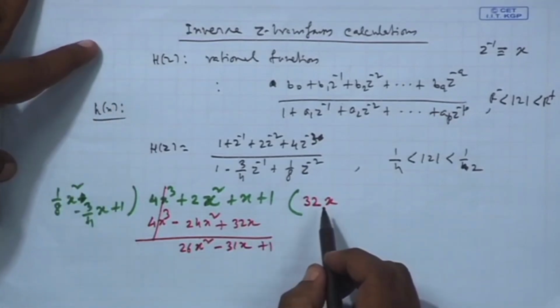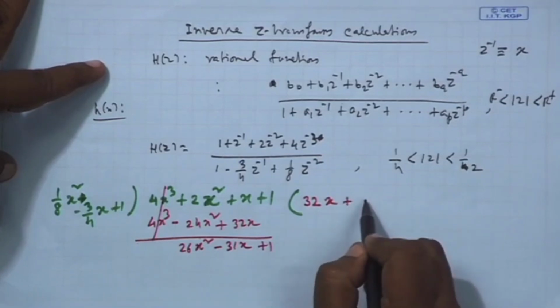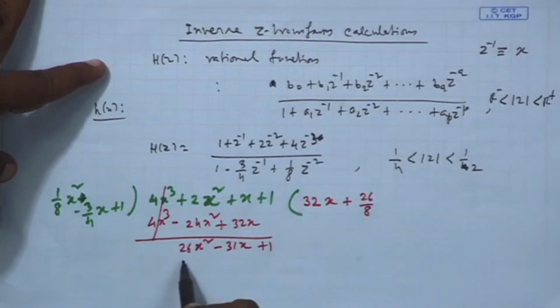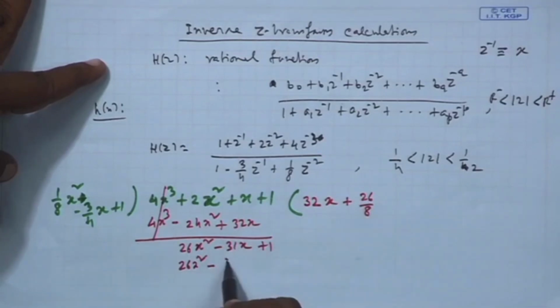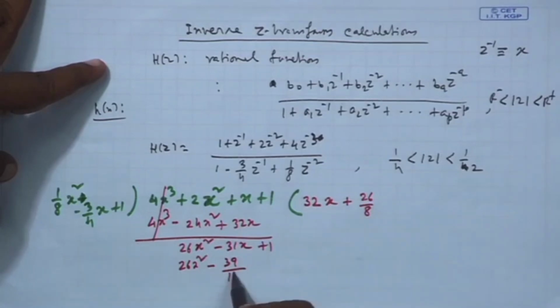Next time you multiply by 26 by 8, so you get 26x square minus 3 by 4 into 26 by 8, that is 39 by 16 x, plus 26 by 8.